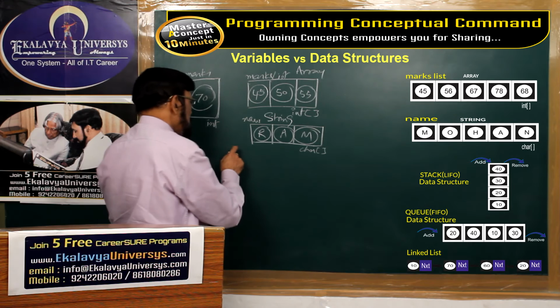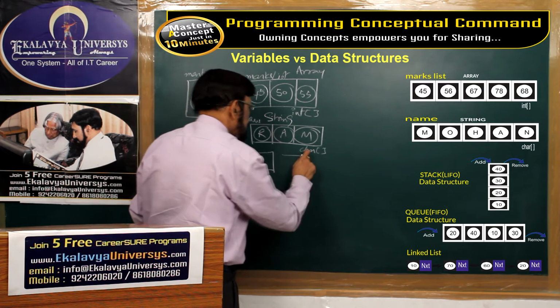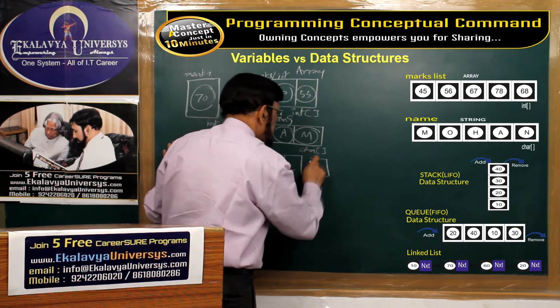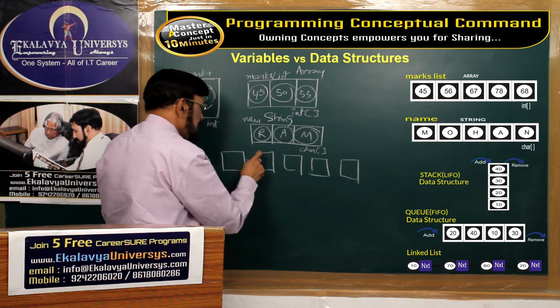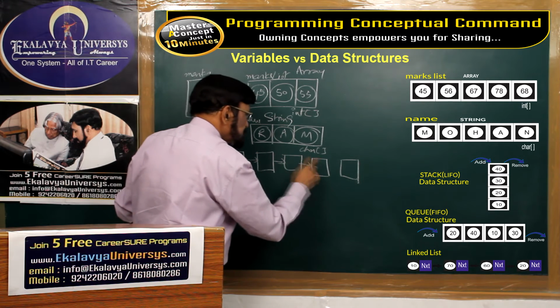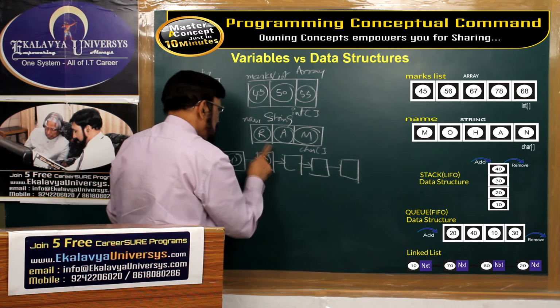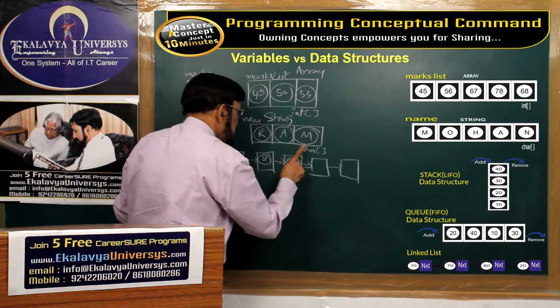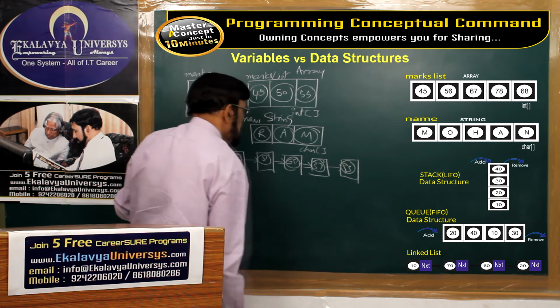Thereafter one more data structure is there, that is like this. This is also like an array, but the difference is the elements are discrete. These are connected like this, and you can store data 45, 51, 65, 37, 93, like that.